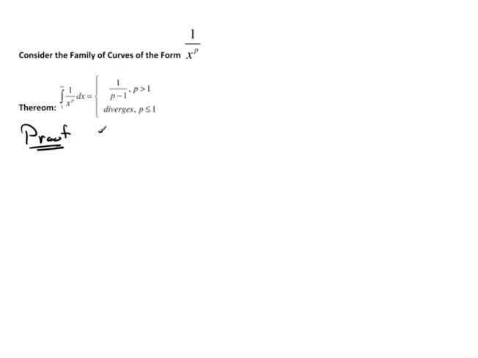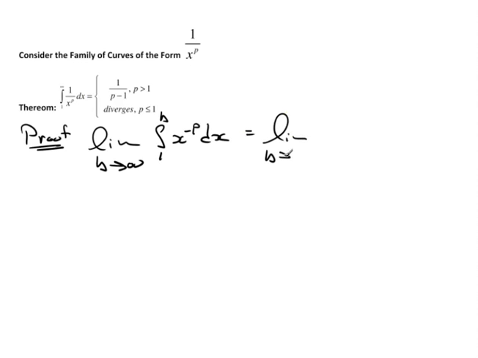Now I'm going to start off by just integrating the thing using the techniques that we've already done. So I'll take a look at the limit as b goes to infinity of the integral from 1 to b of x to the negative p dx. Simply rewriting this, it equals the limit as b goes to infinity of x to the negative p plus 1 over negative p plus 1 from 1 to b.